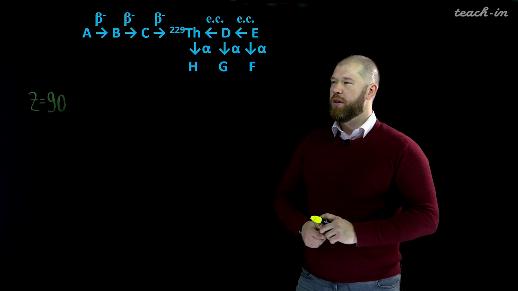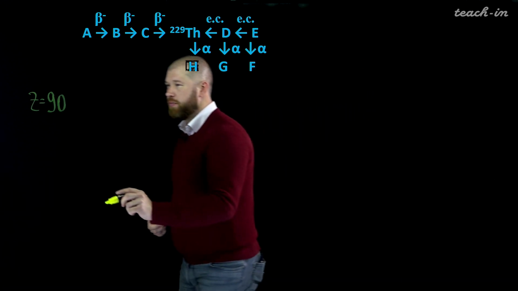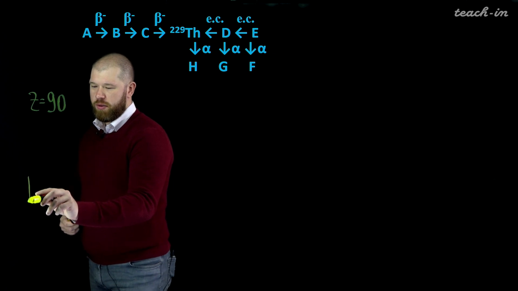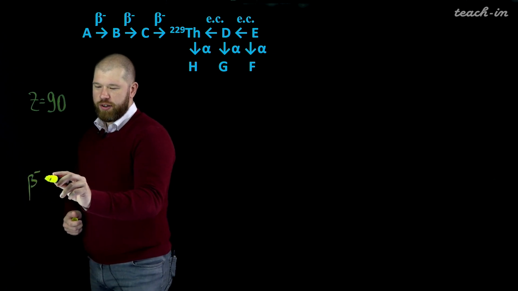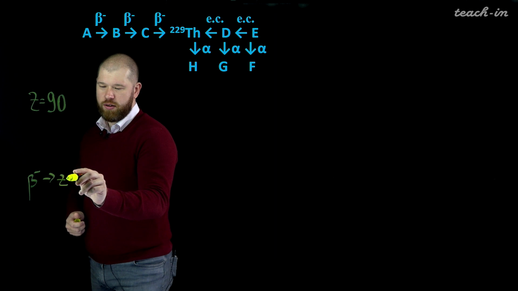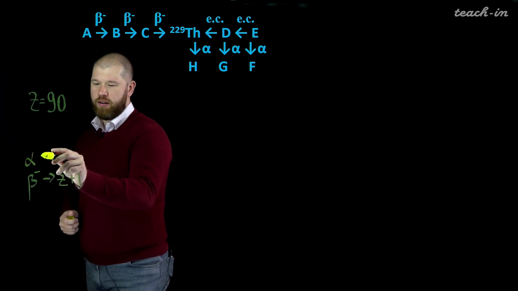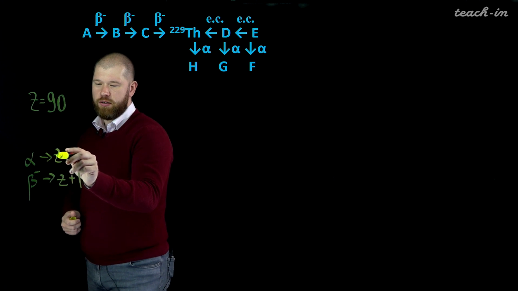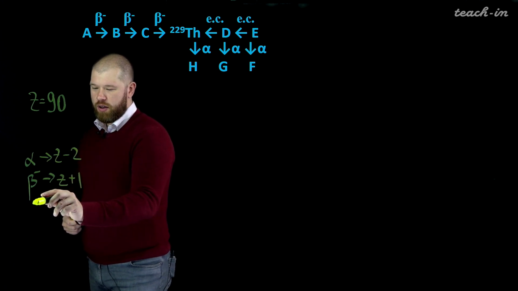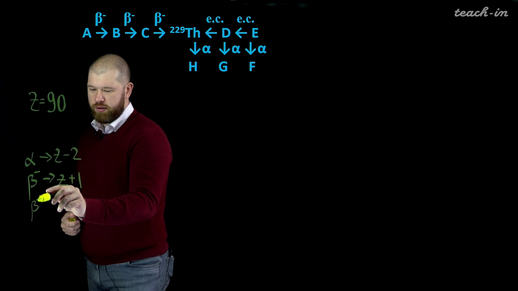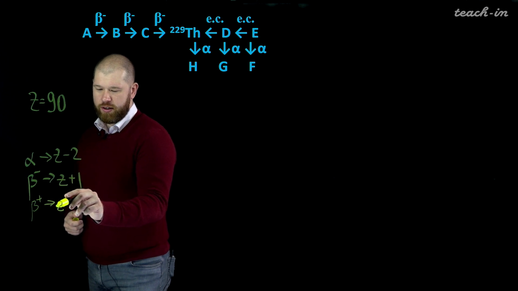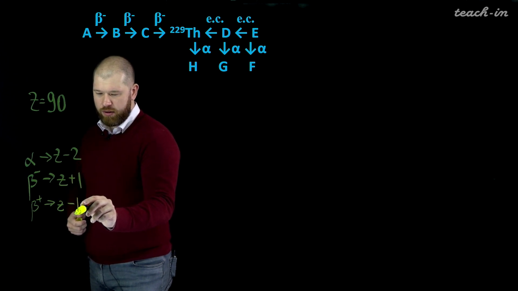So we should remember that the beta minus decay results in Z plus 1. Alpha decay results in Z minus 2. Beta plus results in Z minus 1.